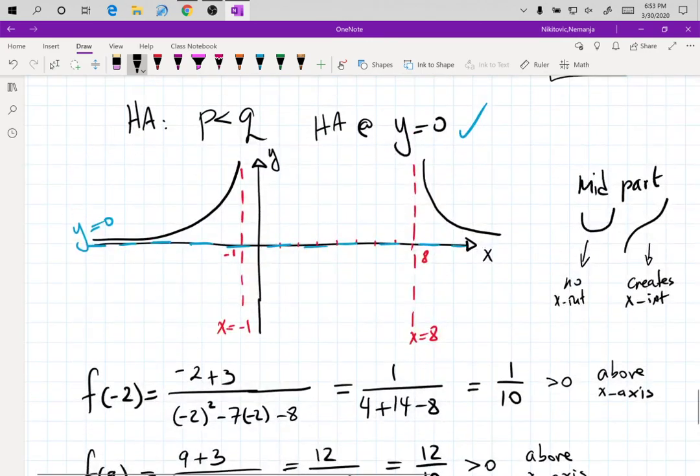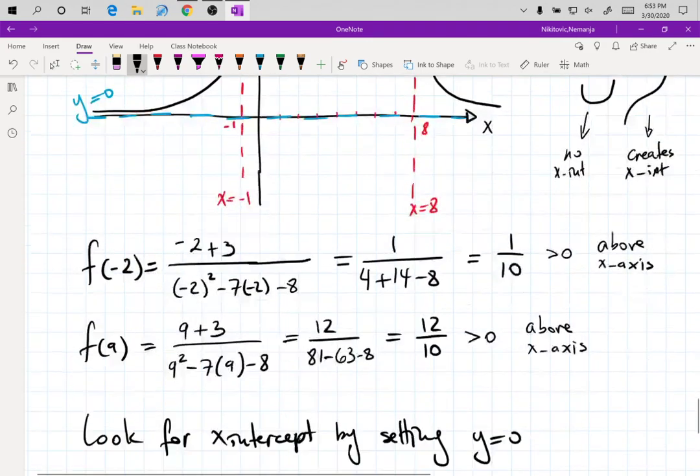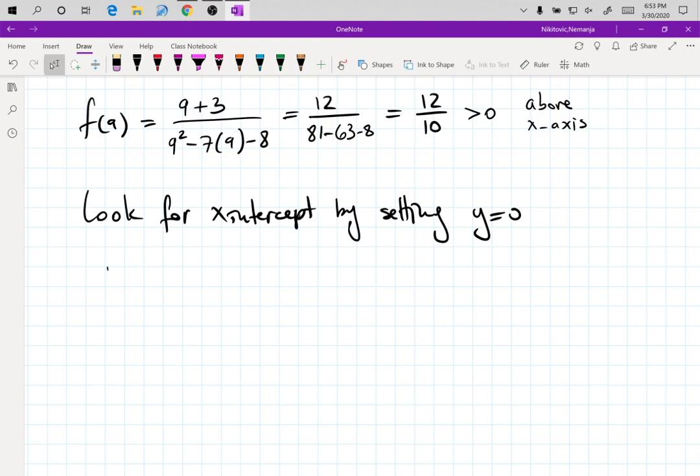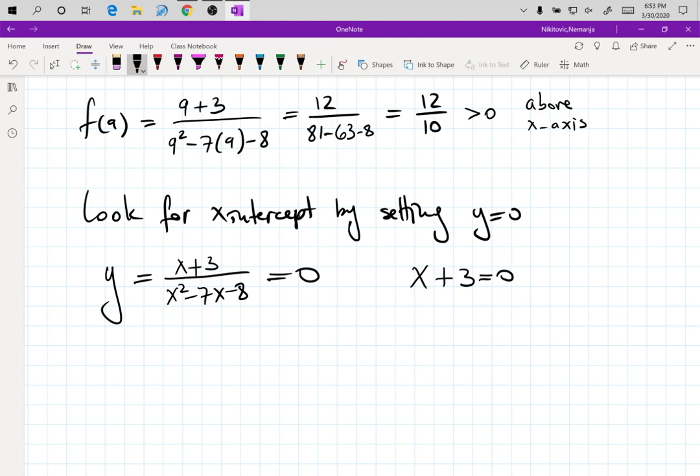So that's our whole problem: y equals x plus 3 divided by x squared minus 7x minus 8, set equal to 0. When you cross multiply, you just get x plus 3 equal to 0, from where you get x equals negative 3.